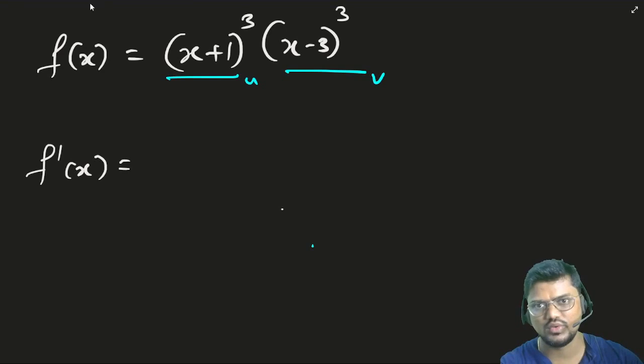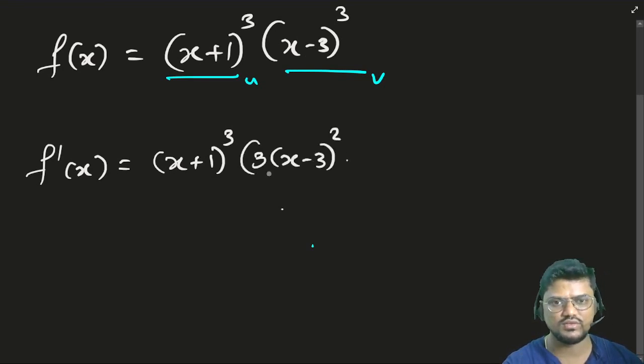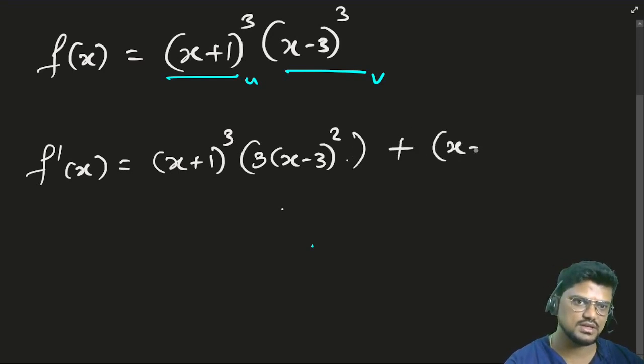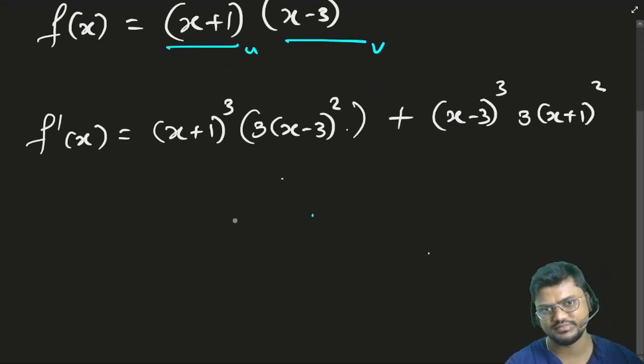So u as it is, derivative of v, that is 3 into x minus 3 whole square, and further derivative of x minus 3 is 1 only, so no need to write anything, plus v into derivative of u, that is x minus 3 whole cube into 3 into x plus 1 whole square, further derivative of x plus 1 is 1. That's it. So what do you get?